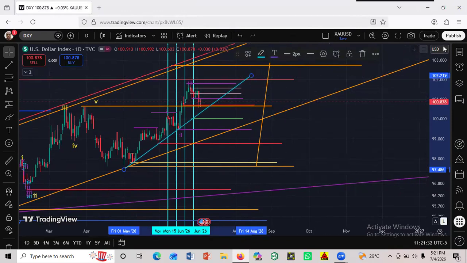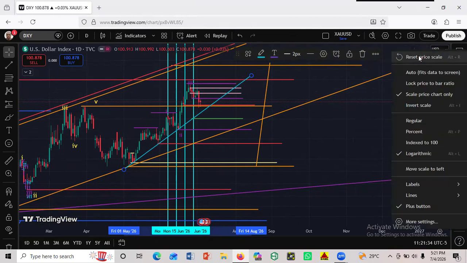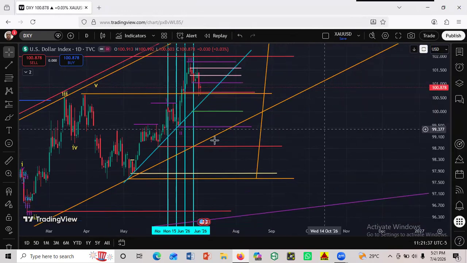Now the trend line in turquoise blue has been drawn. Just ignore all other lines that you are seeing.